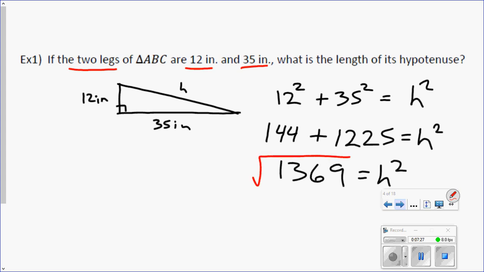Second square root, 1369. Because when you take the square root of h squared, you get h. How much? 37. So h is 37 inches. All right. That's the length of our hypotenuse.